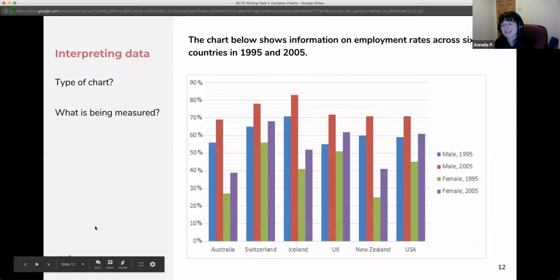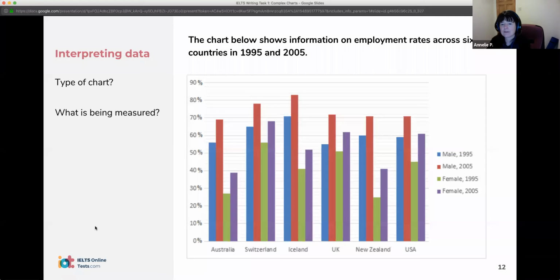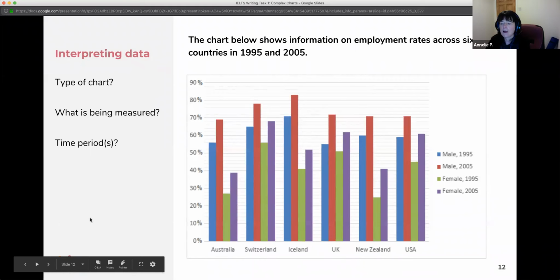We're comparing the percentages or the rates of employment in the different countries. Okay, and yeah, Barbara's right, by male and by female workers. Okay, what time periods are we looking at here? Okay, good, Pankaj. We got 2 different years. We got 1995 and 2005. Okay, it's not a period, it's 2 individual years.